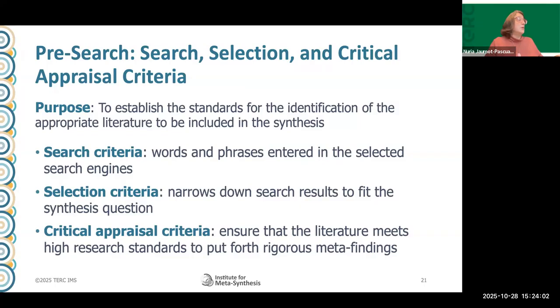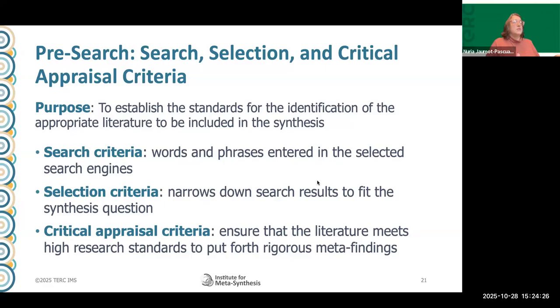So, for example, this would be things that are not easily included in the search, such as what type of studies you're going to be including, like qualitative versus quantitative or mixed methods, or the country of the study. You usually don't put US in the search. It is something that you ascertain when you look at the literature.